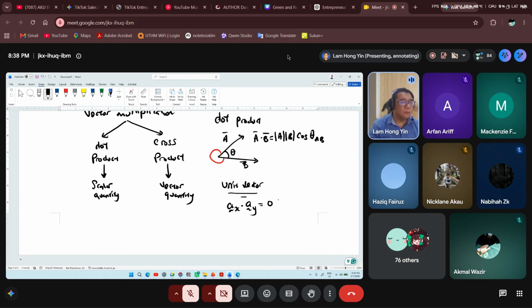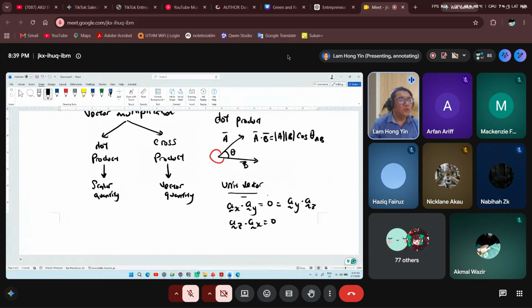The same goes for ay dot az, and az dot ax. Everything will be 0 if you dot product with different axes.